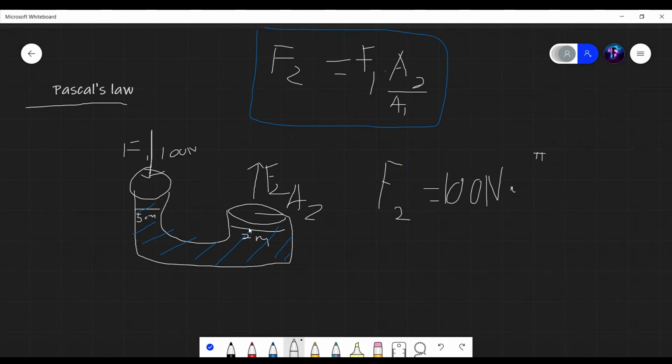Since 2 meters is the diameter, you're going to divide by 2. 2 divided by 2 is 1, so you're going to times 1 squared. Just give me a second. And if you don't know the formula for the circle, it is this. I'll put it up right here.